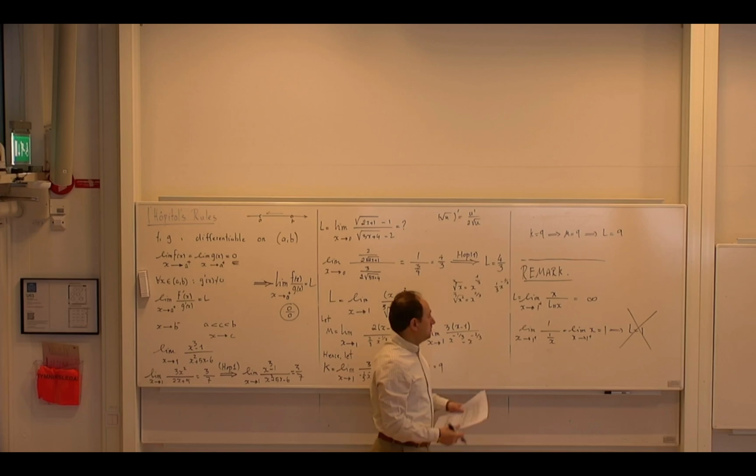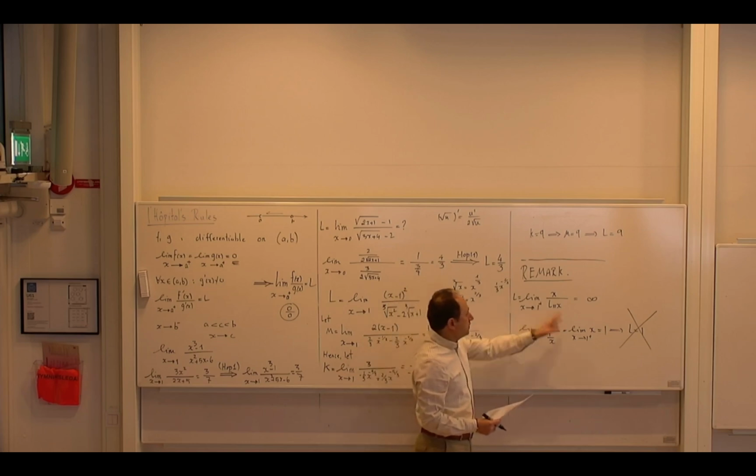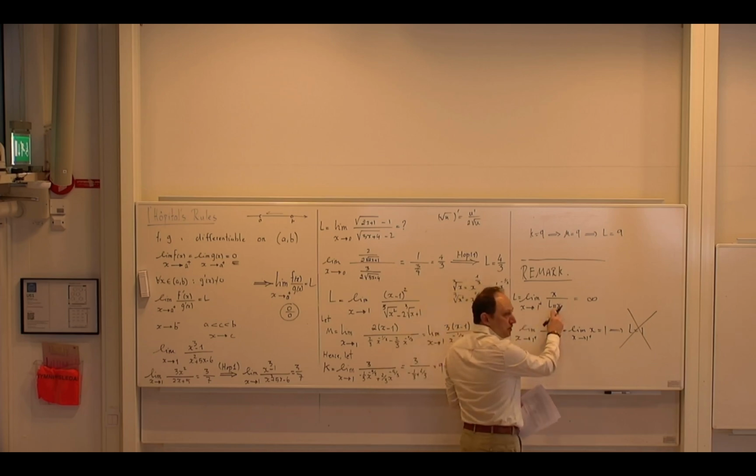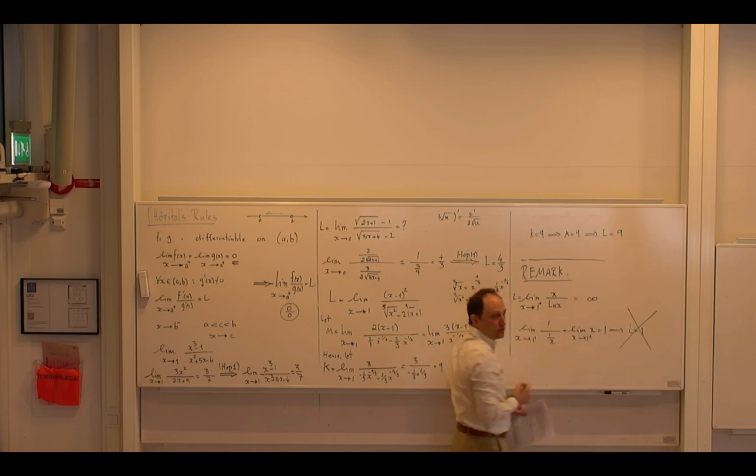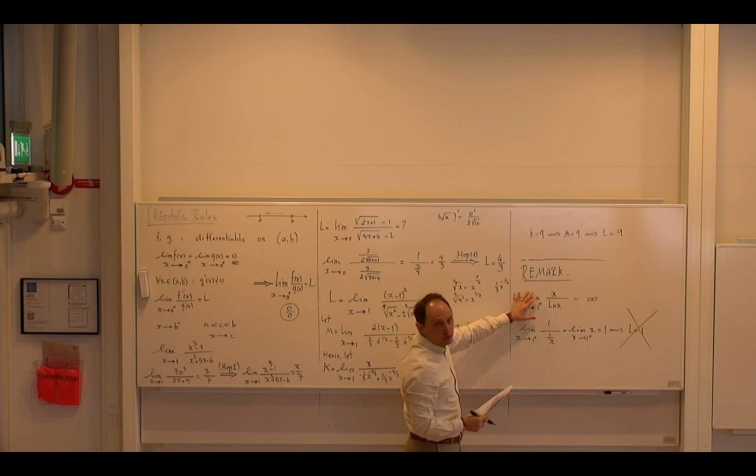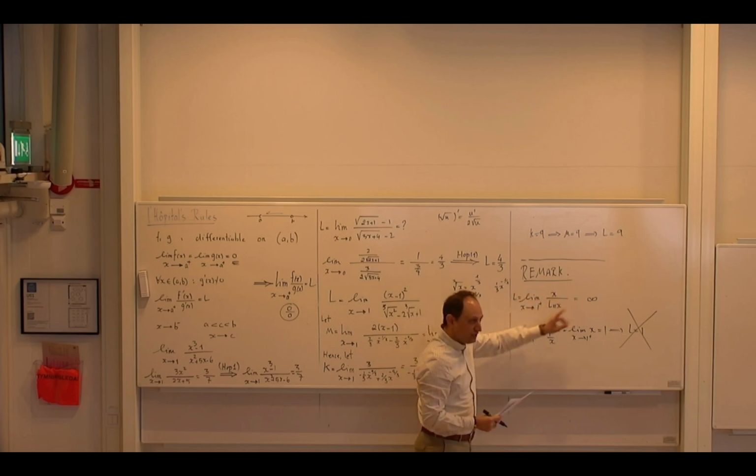But now because x goes to 1 from the right hand side, ln of a number a little bit larger than 1 becomes 0 but a little bit larger. So this becomes a positive infinitesimal, so it becomes positive infinity. So the correct answer to this limit is infinity, in a matter of seconds.